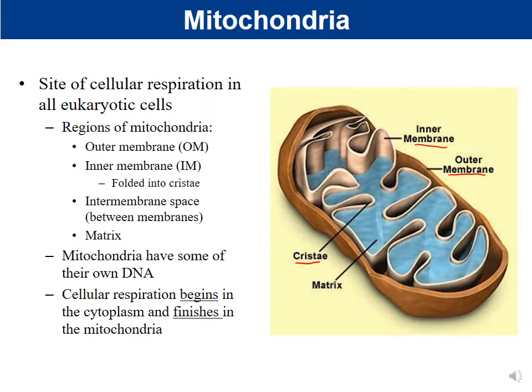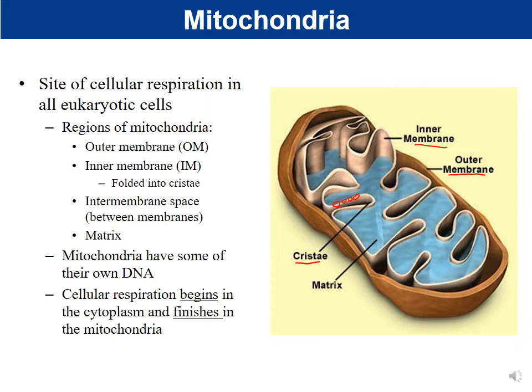And that's because the last step of respiration is the electron transport chain, and that happens in the cristae. So there are these proteins embedded in the membrane, and that's where the electron transport chain is going to occur. So if we have all these infoldings, we increase the surface area of that membrane, which means we get a higher ATP yield. So there is a reason that the inner membrane has these infoldings.